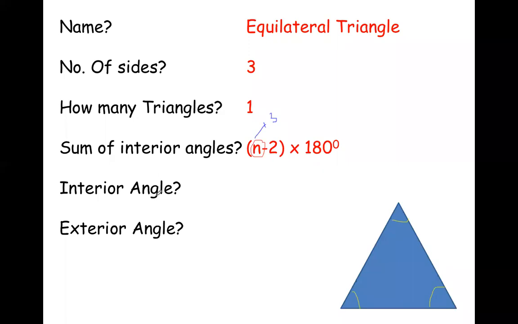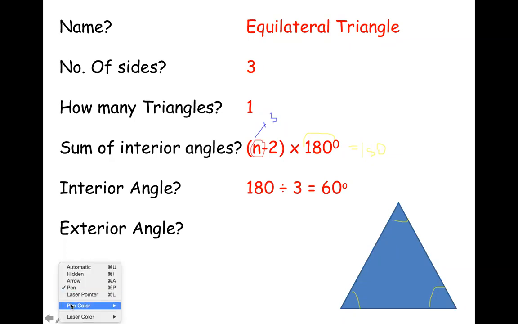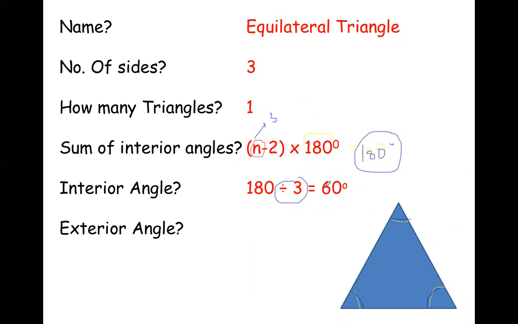And then for each interior angle, whatever the sum of interior angles is, I divide by how many sides I have. In this case, I have 3 sides, 3 angles to look for. So I divide by the number of sides, and then I get 60, 60, 60 for each.